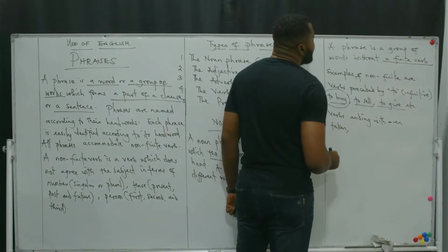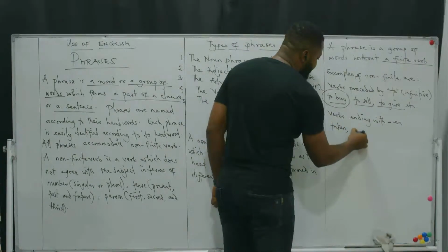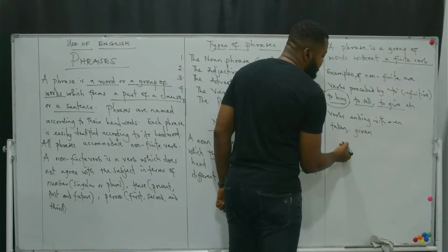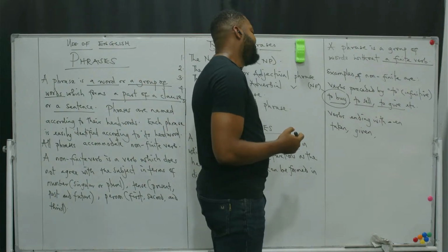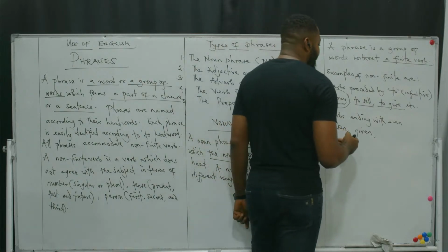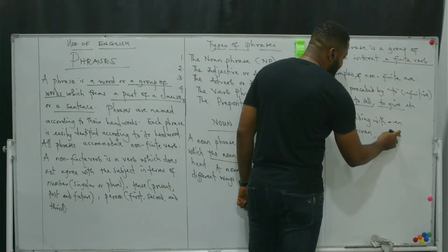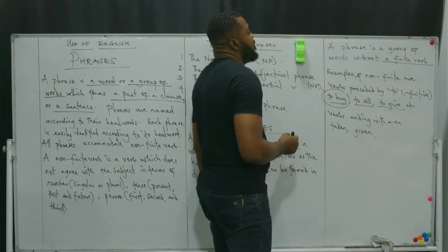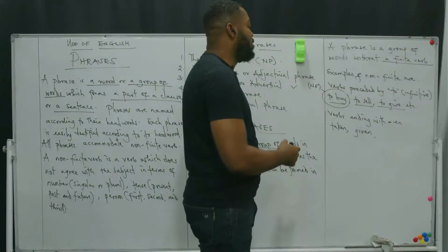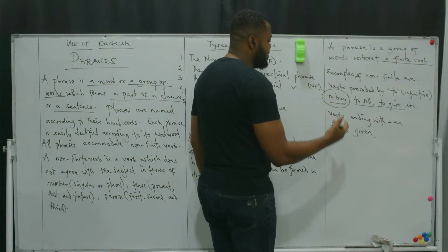There are a lot of verbs that end with en. I'm trying to get as many examples as possible.